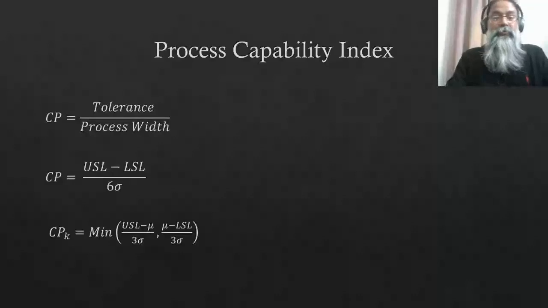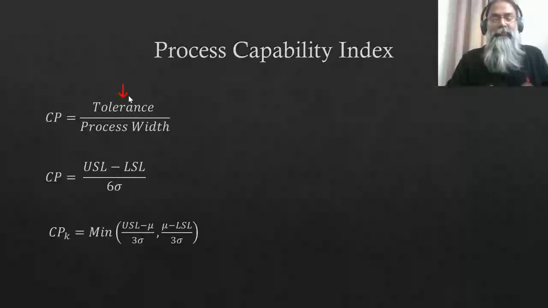If the process width is within the customer specification limit, that's what we call tolerance, then we can say that the process is capable of meeting customer needs. But it doesn't actually tell you whether the process is within customer specification limit, though.